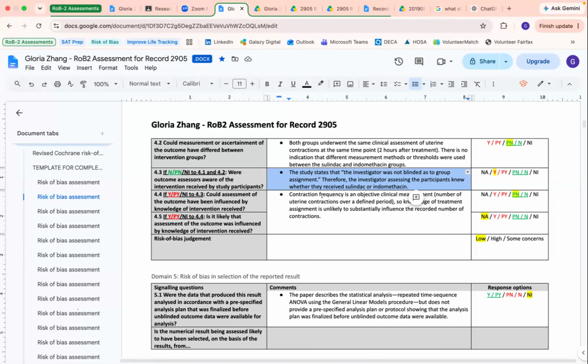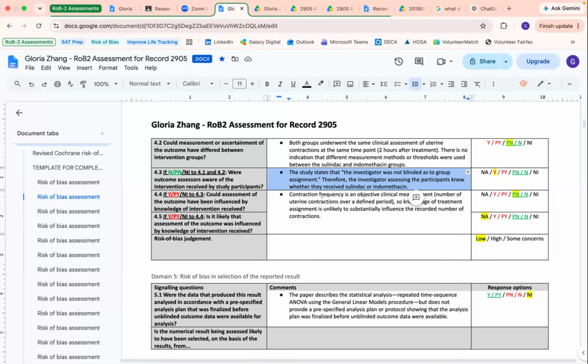So if we're going to get really into semantics, I wouldn't consider the assessment of a contraction using a tocometer a quote scan quote. Does that make sense to people? Yeah, I get what you're saying.